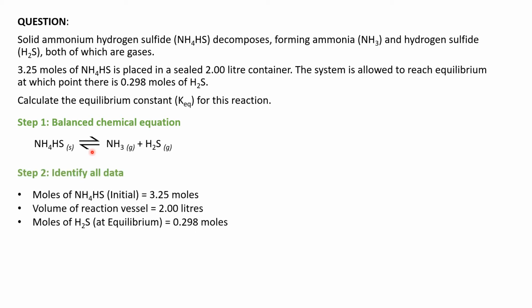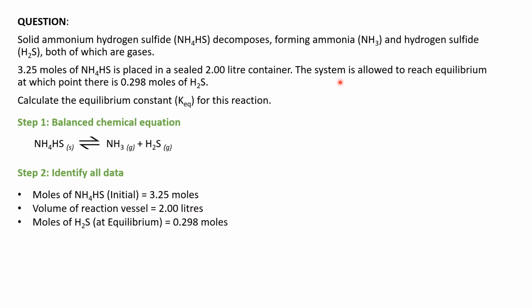Step 2, we need to extract the data. We need to pull out the information that's going to help us solve this question, and all that happens to be in the second sentence. So we have 3.25 moles of ammonium hydrogen sulfide, and it's placed in a sealed 2-litre container. So initially, there's 3.25 moles of the ammonium hydrogen sulfide, and the volume of the vessel is 2 litres.